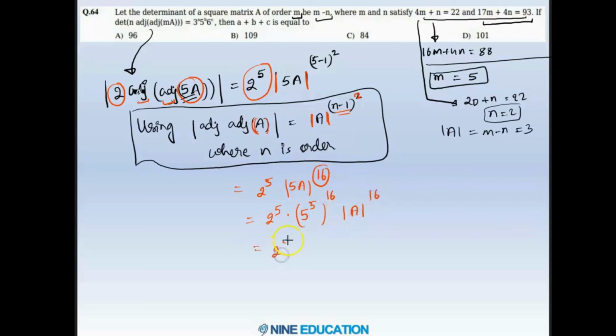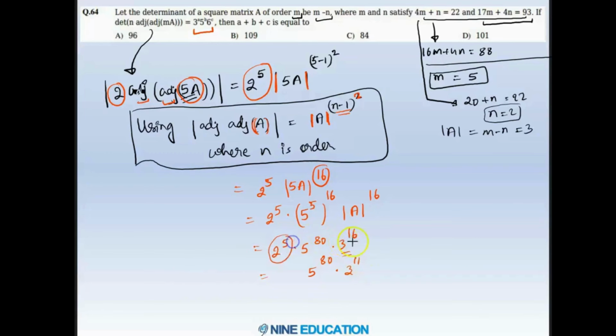So 2 power 5 into 5 power 80, the determinant was 3, so 3 power 16. But if you see the right hand side, there is only 3, 5 and 6, there is no 2. So we can write this as 5 power 80, and to make 6 I require 5 threes. So I'm taking 5 threes out of these 16 threes available, so the only ones left will be 3 power 11.